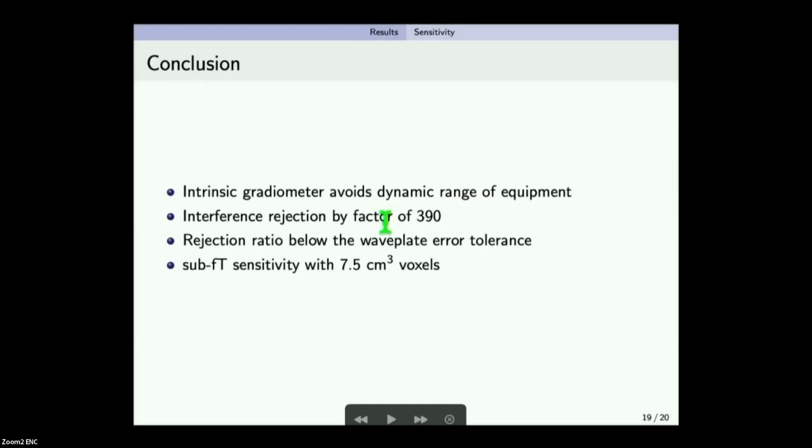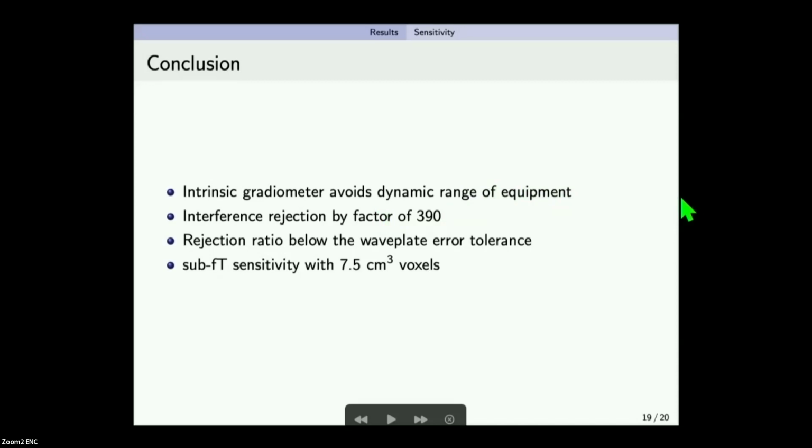So to conclude, the gradiometers are excellent for evading the dynamic range limits on the equipment, because you can measure all the signals on a single channel. And we're able to reduce the noise by a huge factor. We can improve this more, and we'll continue to improve it as we are able to control the spin dynamics of our system a little bit better.